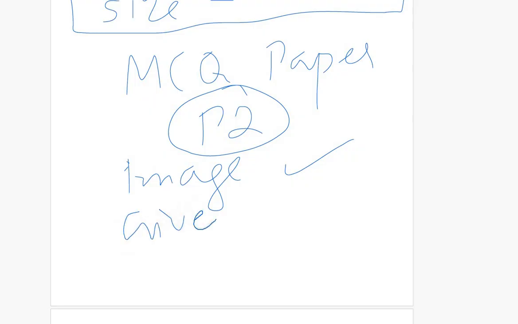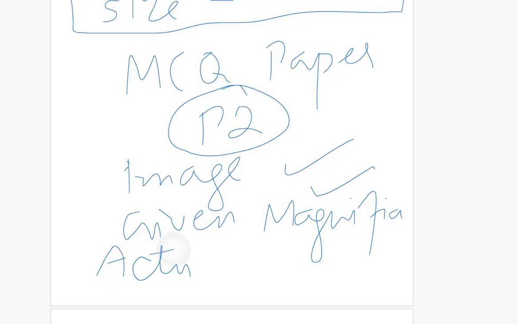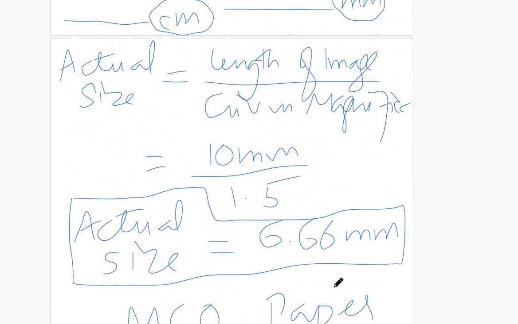In the MCQ, the examiner will give you an image, and then the examiner will provide you with the given magnification, and then the candidates would be asked to find the actual size. So you can use this formula and you will calculate the actual size.